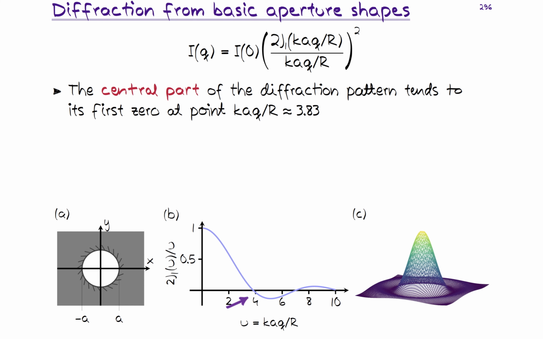So this is the location where the central part of the diffraction pattern first goes to 0. Most of the light is actually inside this value of 3.83, and only a tiny portion of light is in here. So this is how things look.